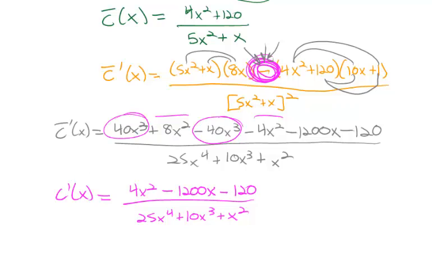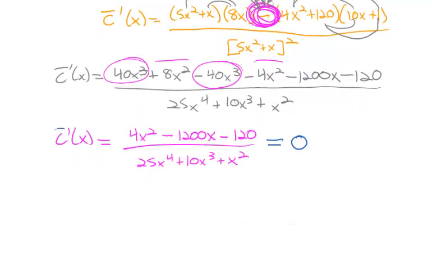Okay, so now we've got the function for the marginal average cost. But we want to minimize this. The way we can minimize an average cost is we make it equal to 0.